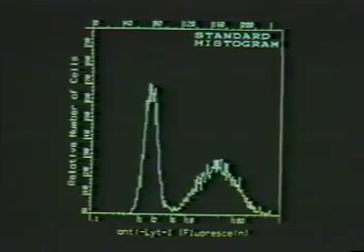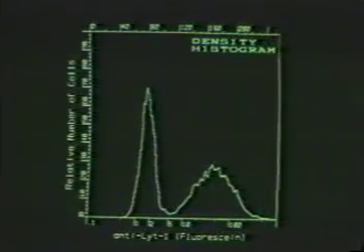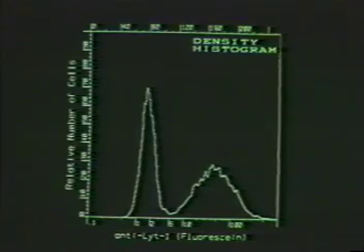The standard method simply tallies up and plots the number of data points that fall within each brightness range on the x-axis. The density method counts the cells in each brightness range and then uses a density estimation function to plot the curve. Density plots are less sensitive to statistical variation.